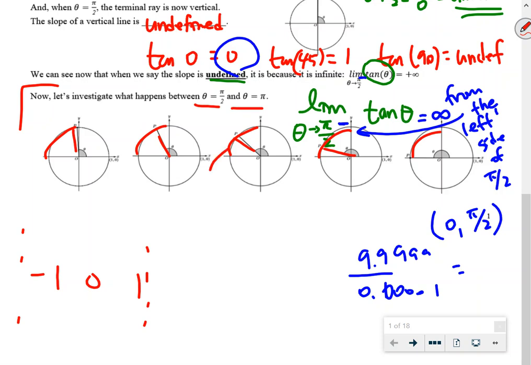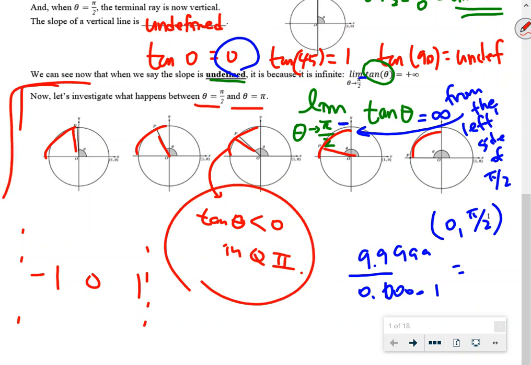From here, I want you to remember one thing: tangent theta is negative when you're in quadrant 2. Tangent theta is less than 0, negative, in quadrant 2.